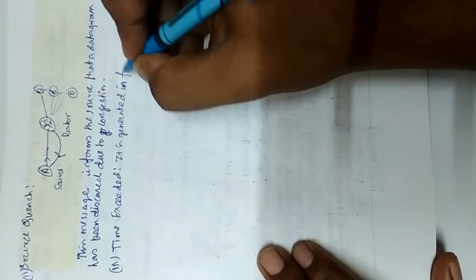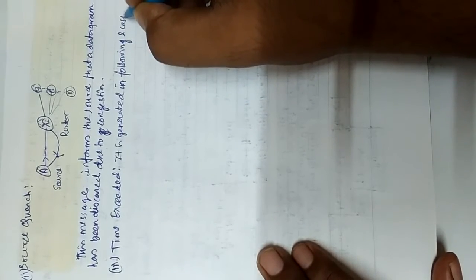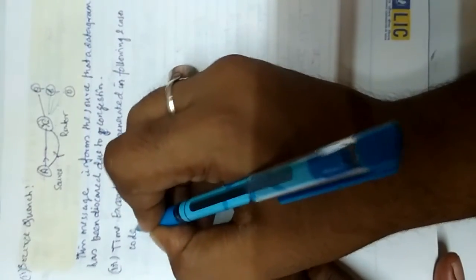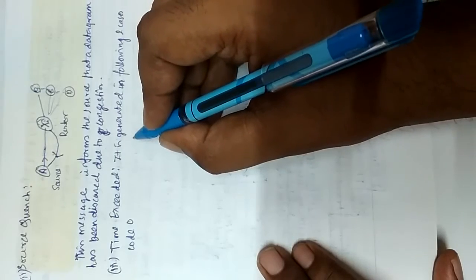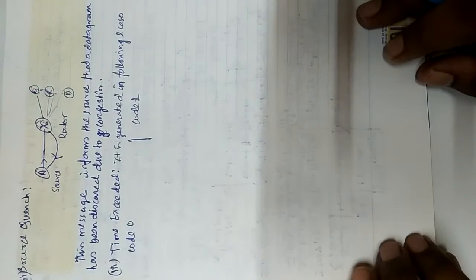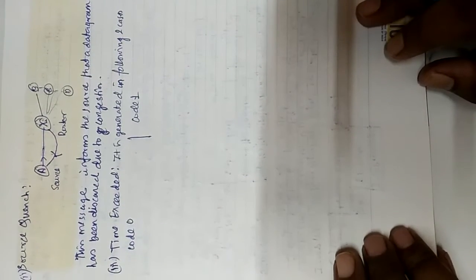One is code 0 and another is code 1. We will discuss what code 0 and code 1 are, one by one.